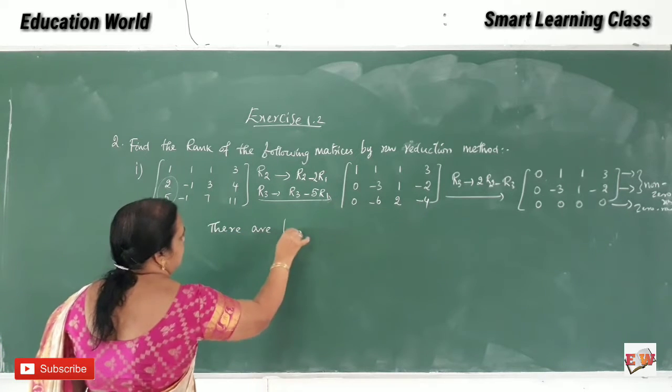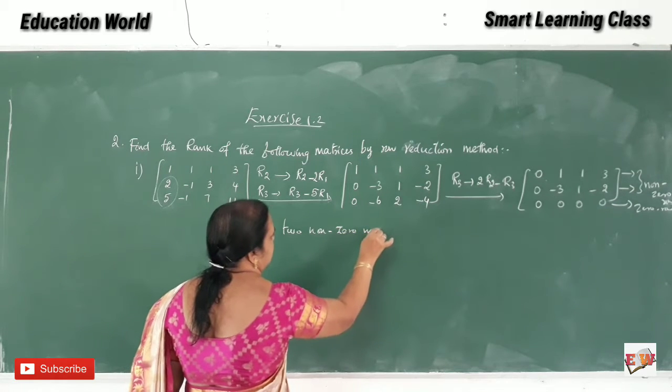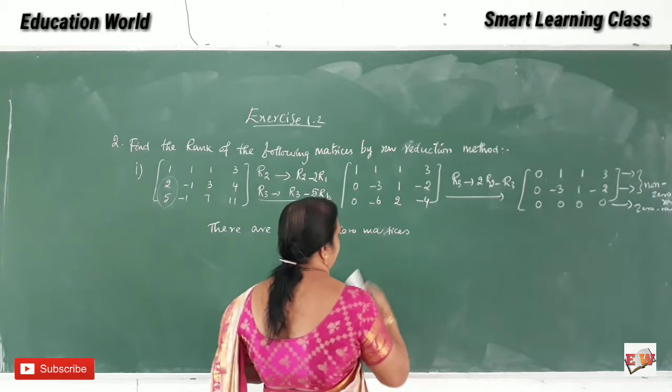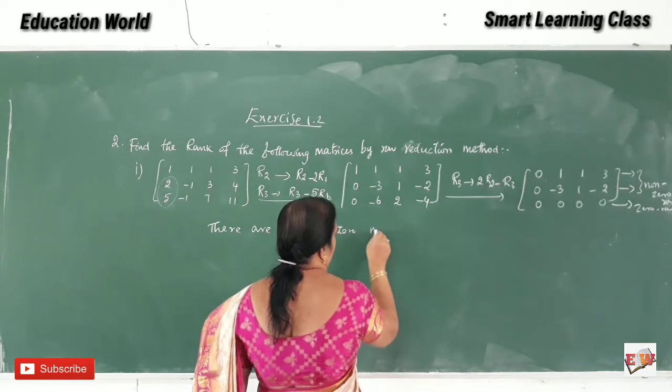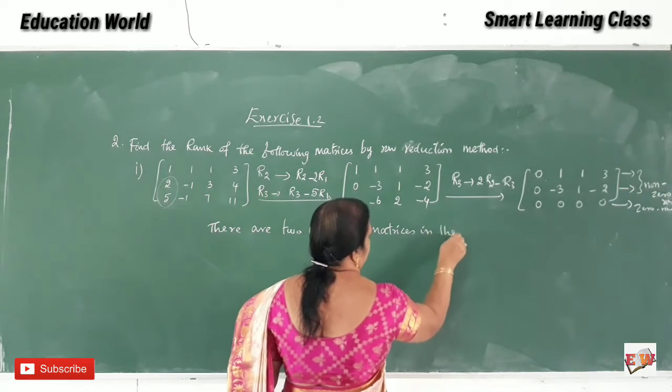There are 2 non-zero rows in the above matrix.